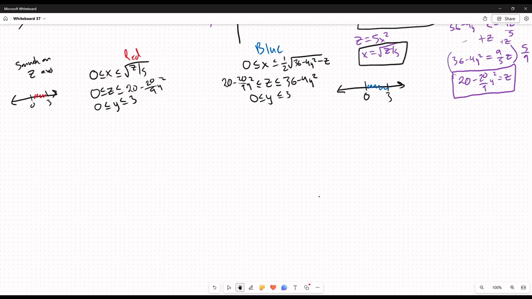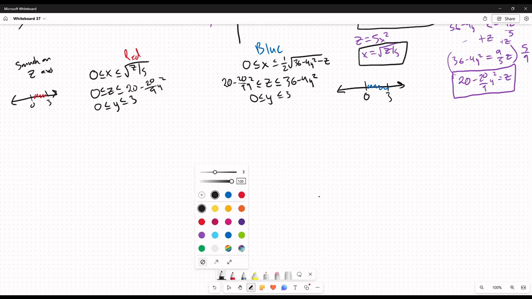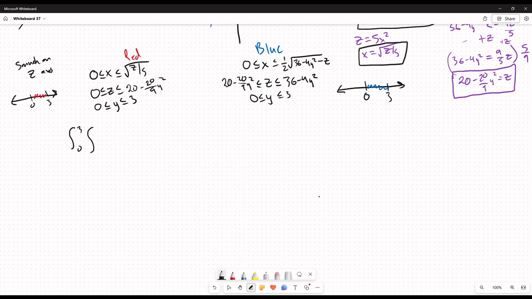So once again, I'm going to need to write my answer by adding two integrals together. Let's do the red region first. I'm going to have 0 to 3 on the outside, 0 to 20 minus 20/9 y squared in the middle, and 0 to square root of z over 5 on the inside, 2 dx dz dy, plus, that's my red one.